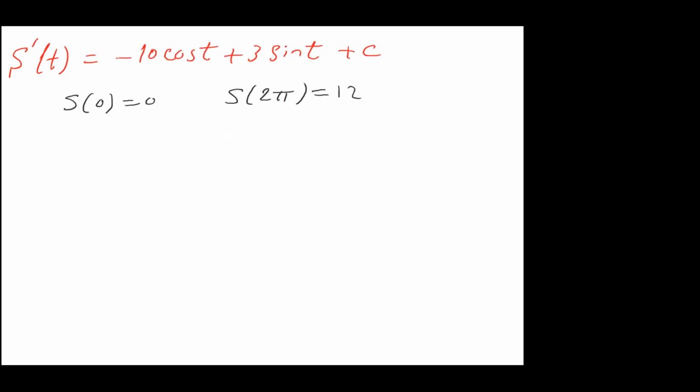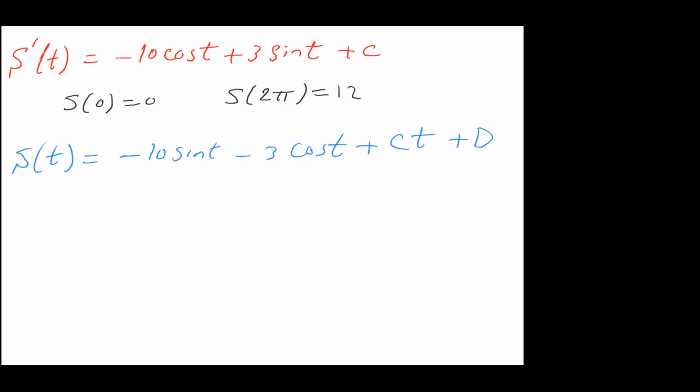Taking the antiderivative of both sides, now I get s as a function of time equals minus 10 sine of t minus 3 cosine of t plus c times t plus some constant d.